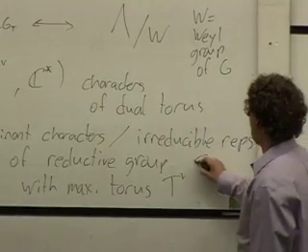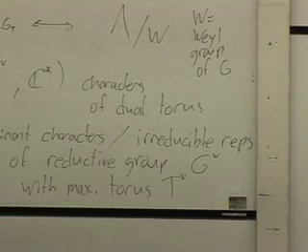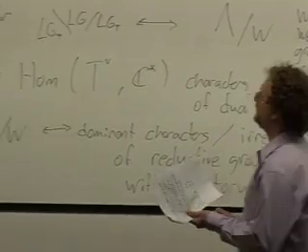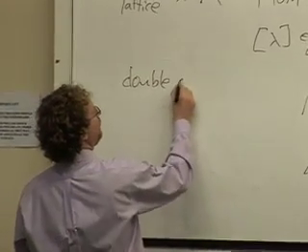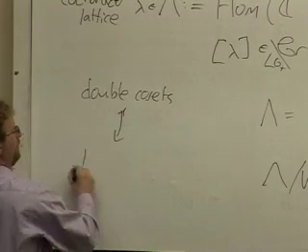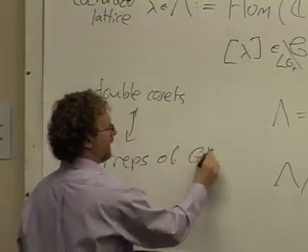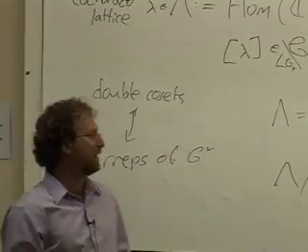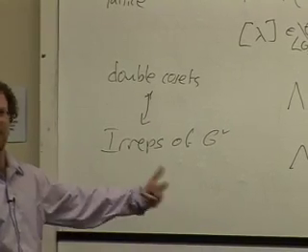So we're going to look for a group G check. What we find, just to summarize, is that our double cosets are in bijection with irreducible representations of some group G check. Now, this group G check has not even been constructed yet. It's just been suggested purely combinatorially.